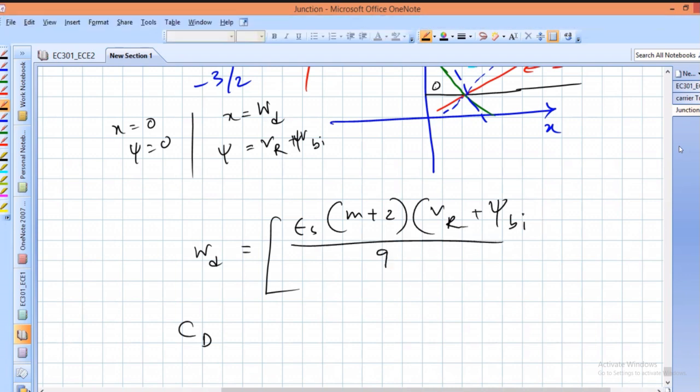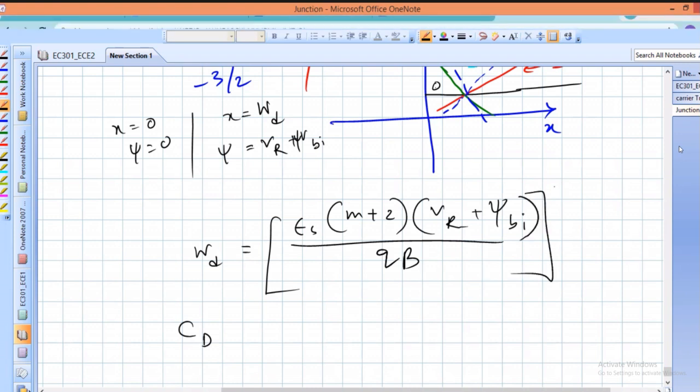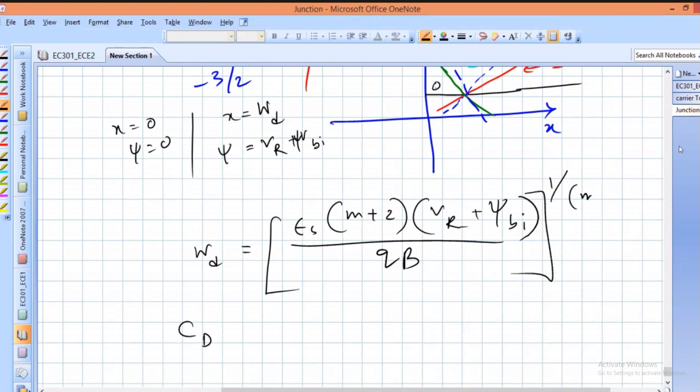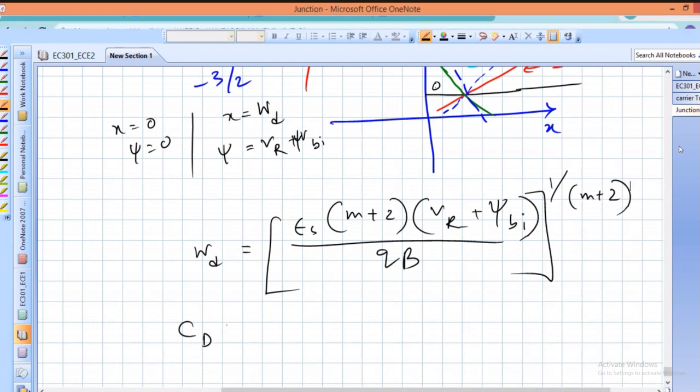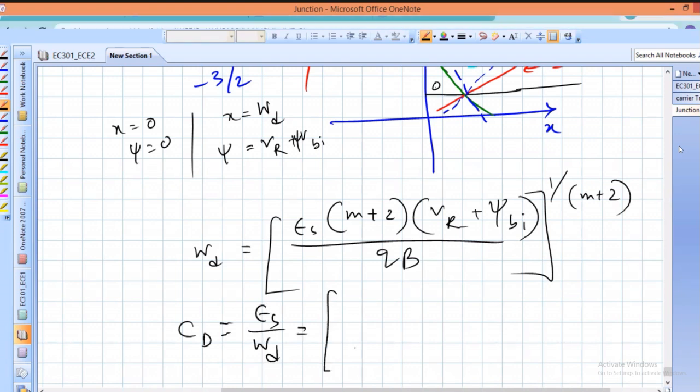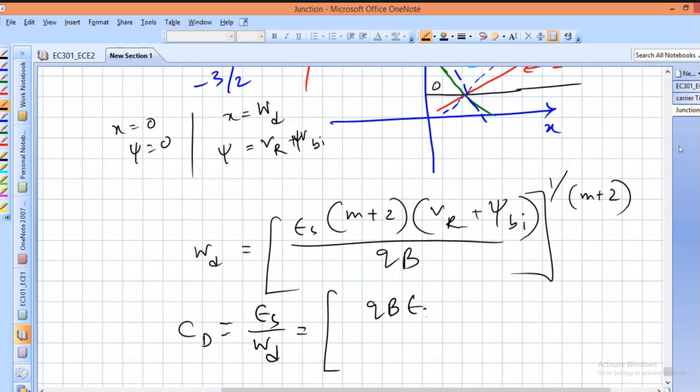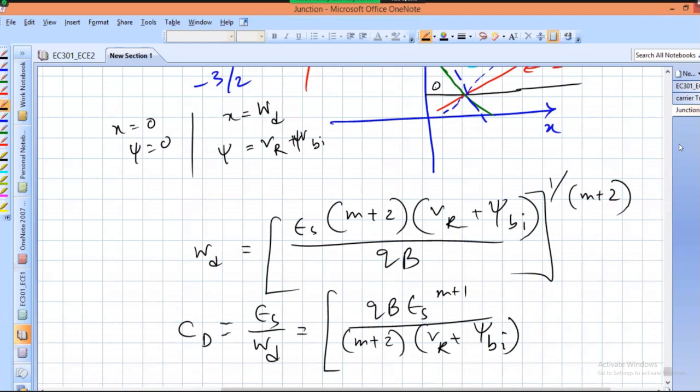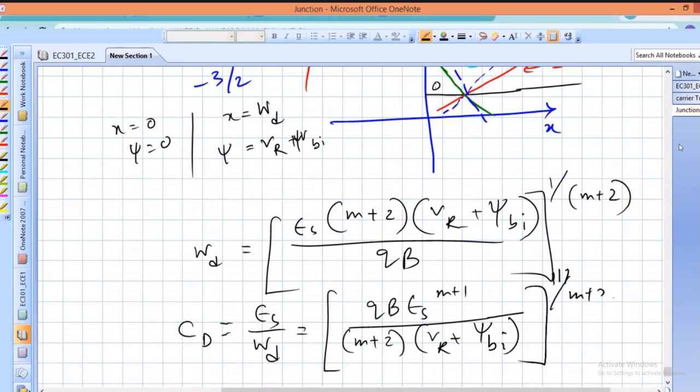divided by QV. V is a constant, student. This value will be decided based on the doping profile. 1 divided by m plus 2. And CD is what? CD is epsilon by WD, and it will be equal to Q epsilon S over m plus 2, here plus psi VBI, 1 divided by m plus 2.